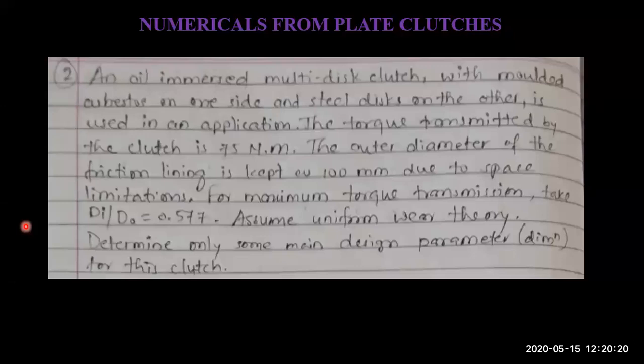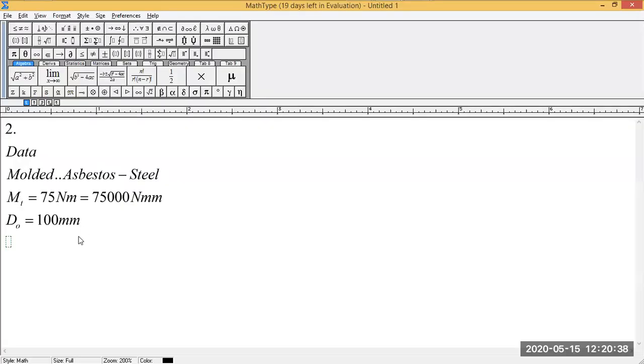For maximum torque transmission, take Di over D naught equal to 0.577.